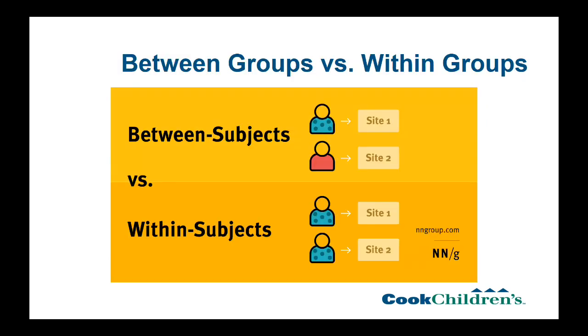Just to have some kind of pictorial representation of the difference between groups versus within groups. Let me use a pointer so that you know what I'm talking about. When you look at between groups, you have 2 different groups, and you can see one of the subjects is a different color versus the other one.